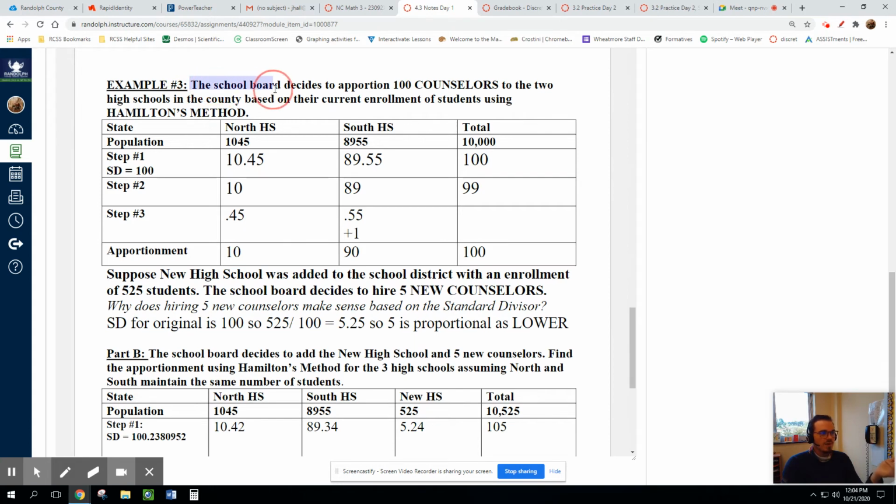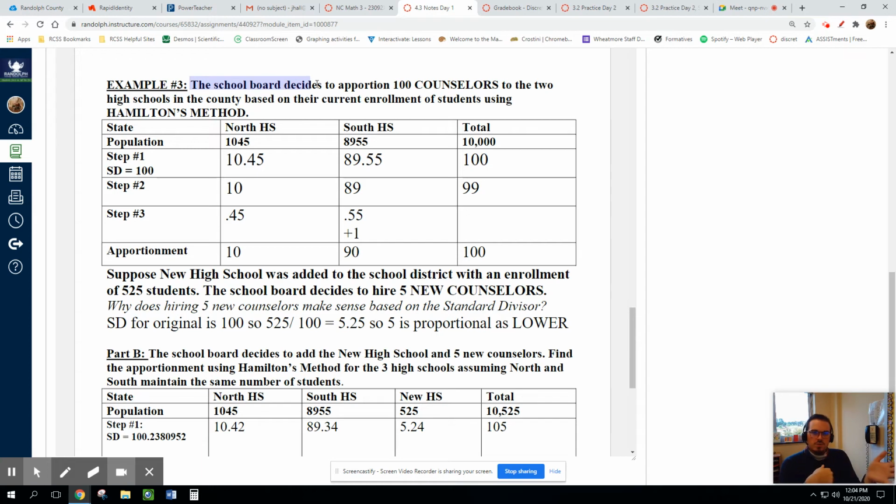In example 3, the school board decides to apportion 100 counselors to 2 high schools in a county based on the current enrollment of students using the Hamilton method. So North High School, South High School. Total population for both is about 10,000, so these are very large high schools. Looks like South is much larger than North.